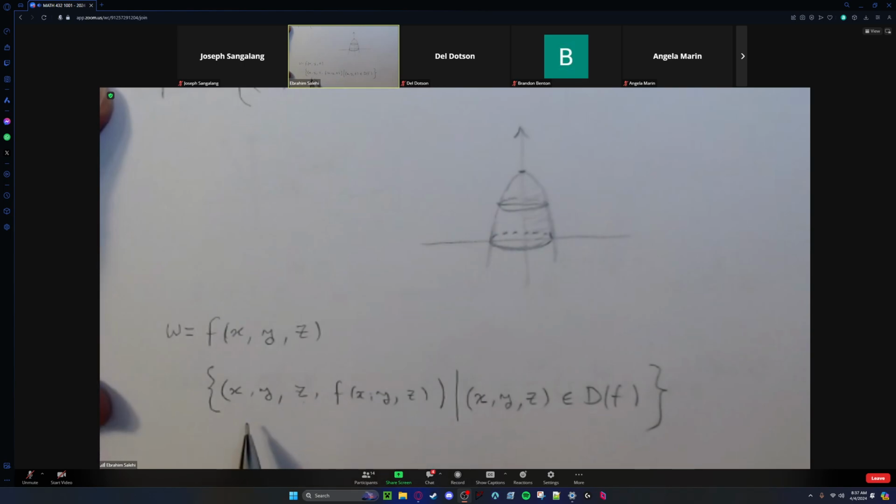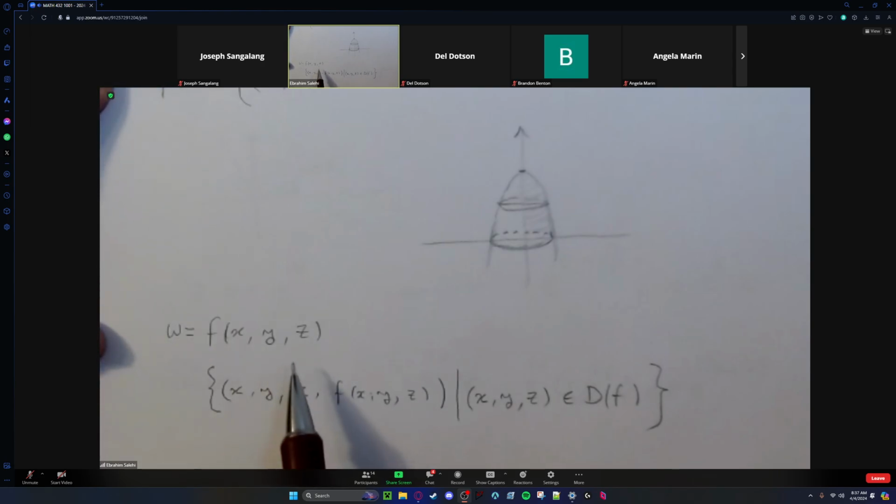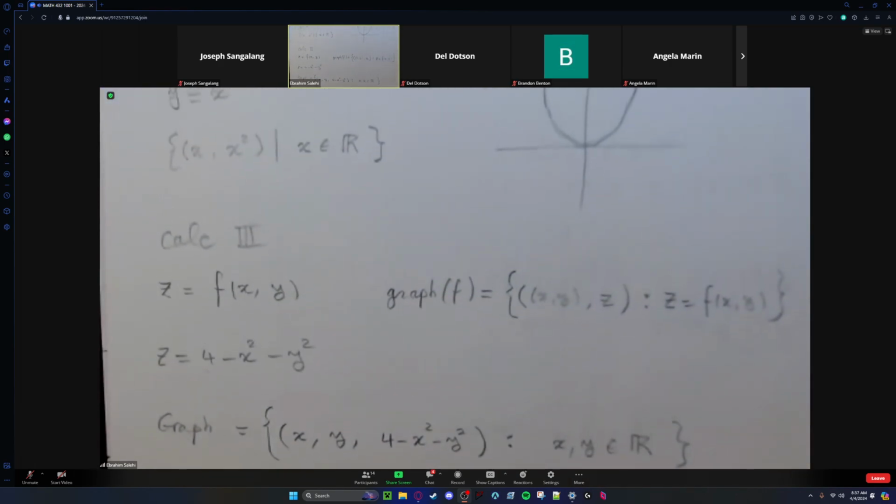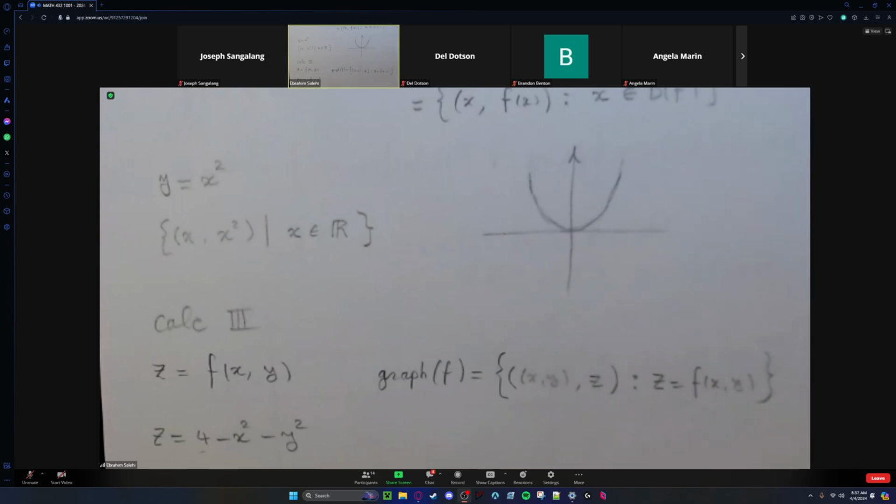So although we can explain it theoretically, saying that this is the graph, unfortunately we cannot visualize it, we cannot have a geometric shape. So this is a problem, right? The same thing happens with vector fields, of course.